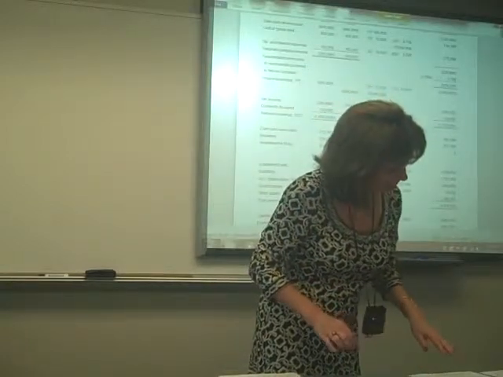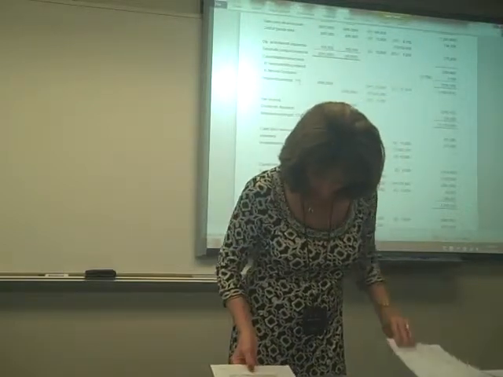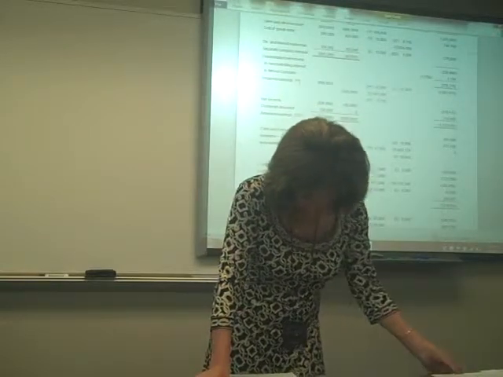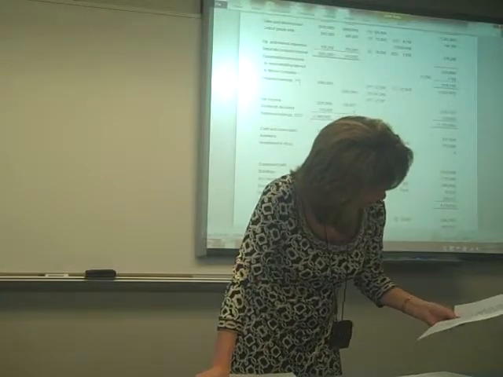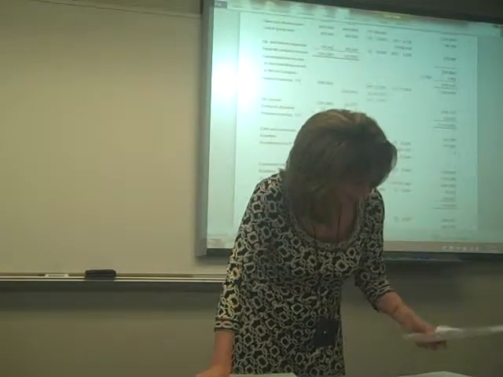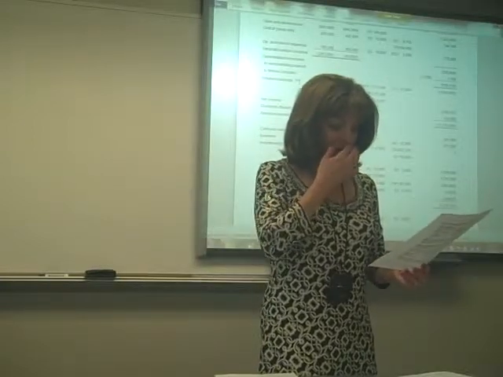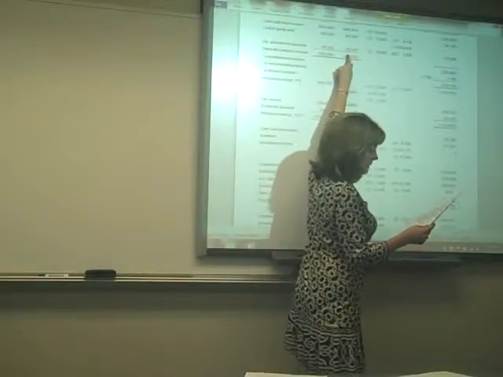Let me see, I've got that on some page. NCI, oh, non-controlling interest. There it is. It is on page 5-33. It shows what they had of 40,000, that's where they got the 40,000.